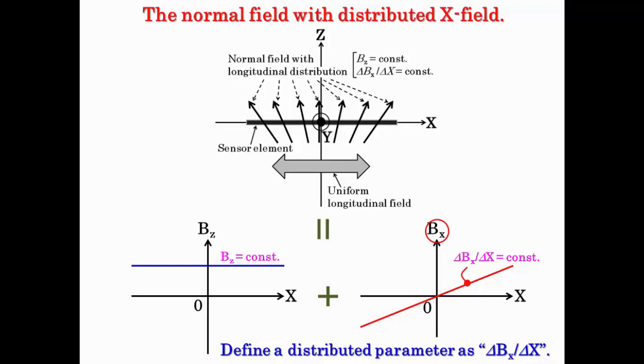The field with distributed X field consists of a constant Bz normal field throughout the sensor element, and also a distributed X directional field, which is a function of the X position. In this study, the Bx field is a linear function. Therefore, we define the distributed parameter dBx/dx as a constant value.